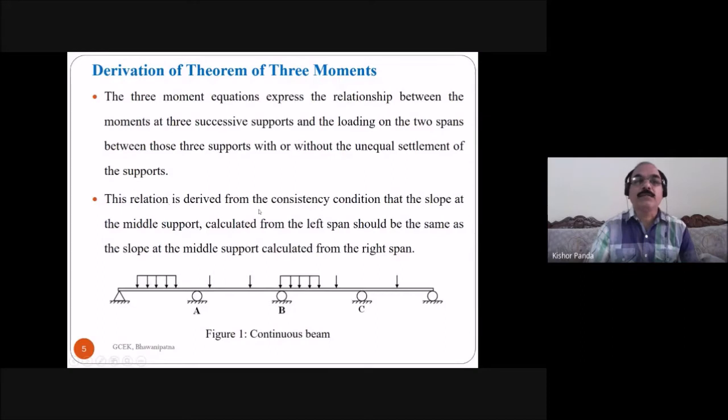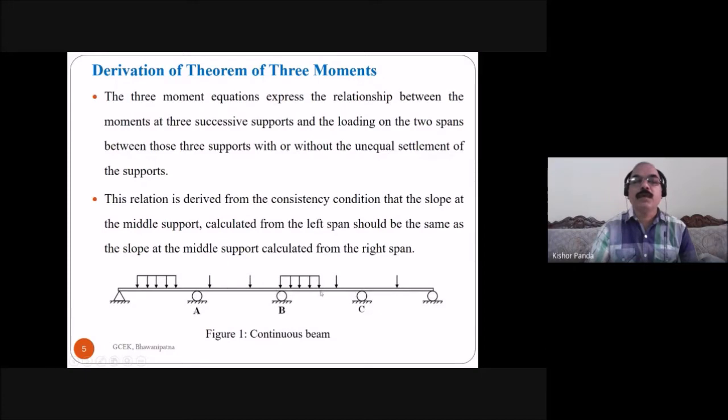This relation is derived from the consistency condition that the slope at the middle support calculated from the left span should be the same as the slope at the middle support calculated from the right span. If this is the intermediate support, the slope on the span AB equals the slope on the span BC.